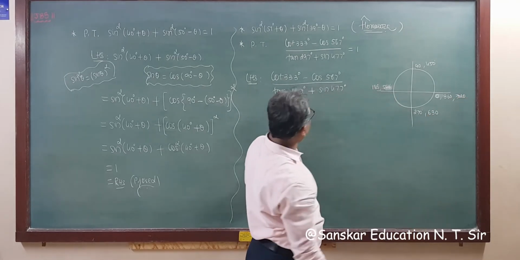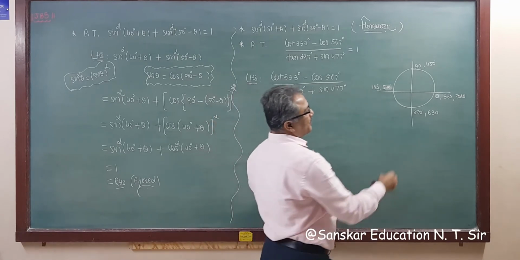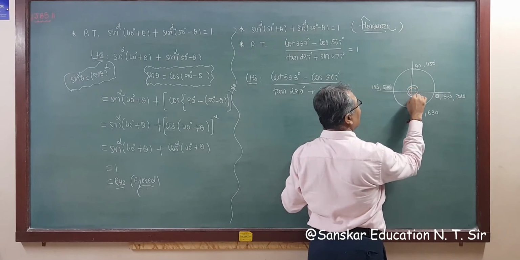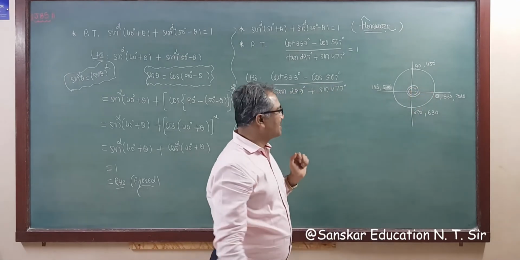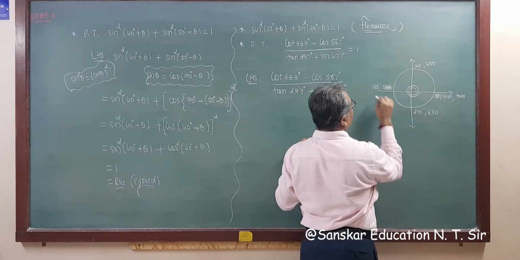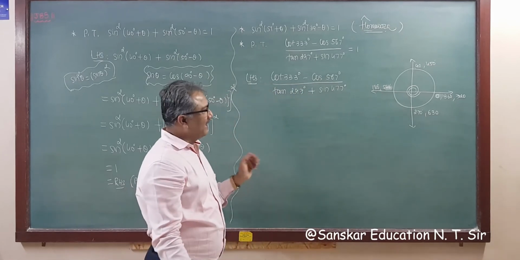I think these are enough angles for you. So after completing 2 complete rotations, in the first rotation we get 360 and in the second rotation we get 720, right? So this is your angle on the coordinate axis.